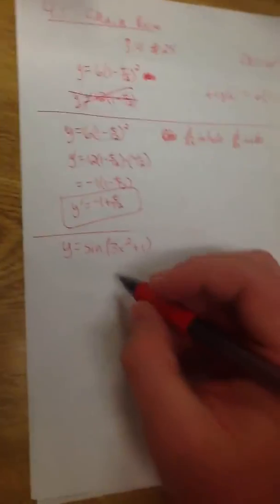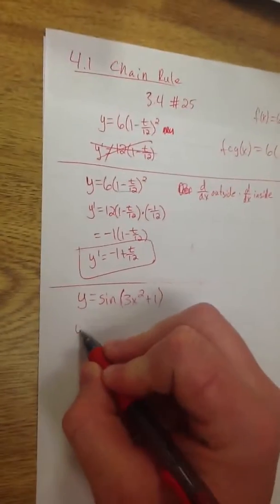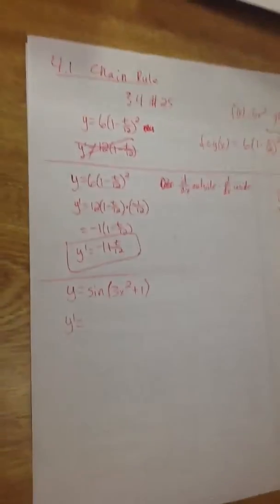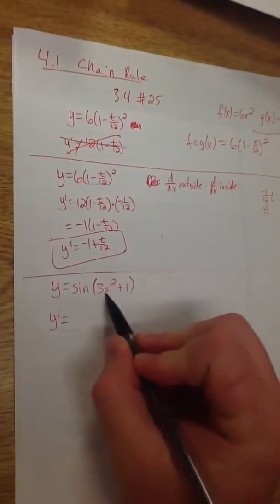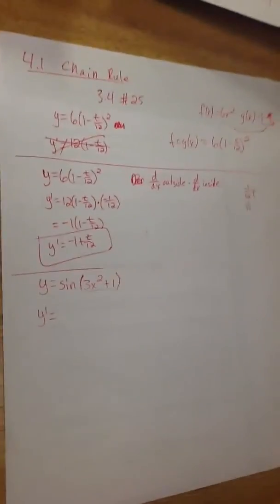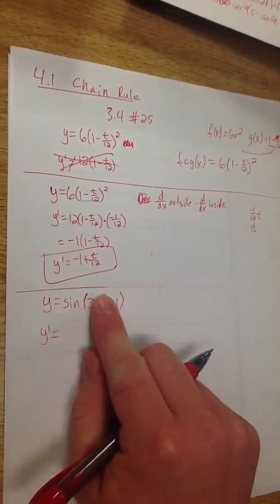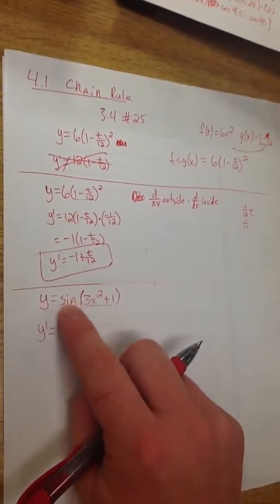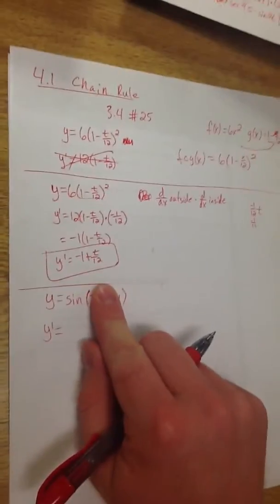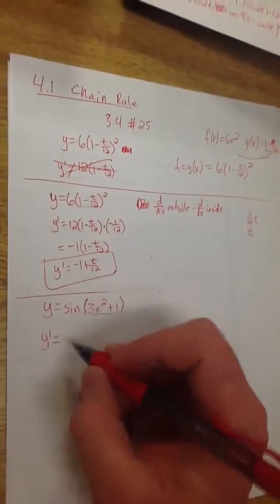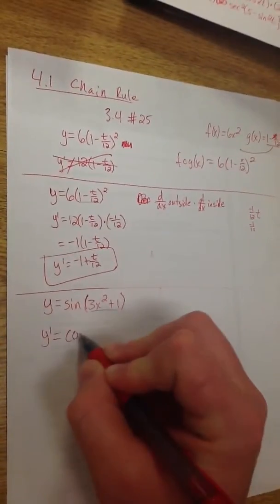Alright, so here's how you do it. Y prime. The inside is obvious on that one, inside the parentheses, right? So the derivative of the outside, if I ignore that stuff, you can just think of it as sine of x. So the derivative of that is just cosine.